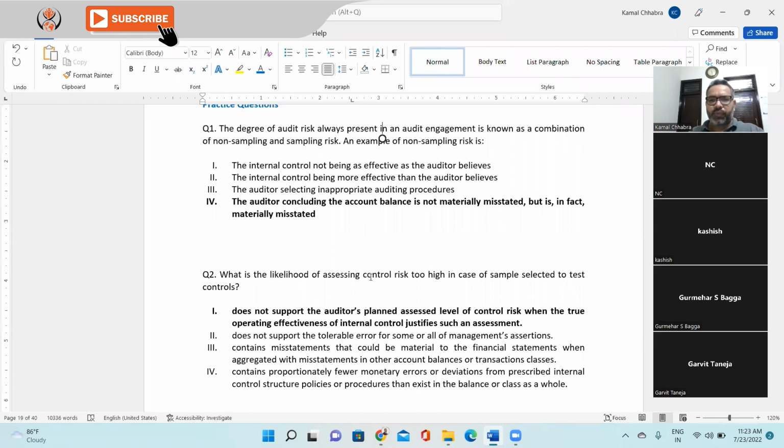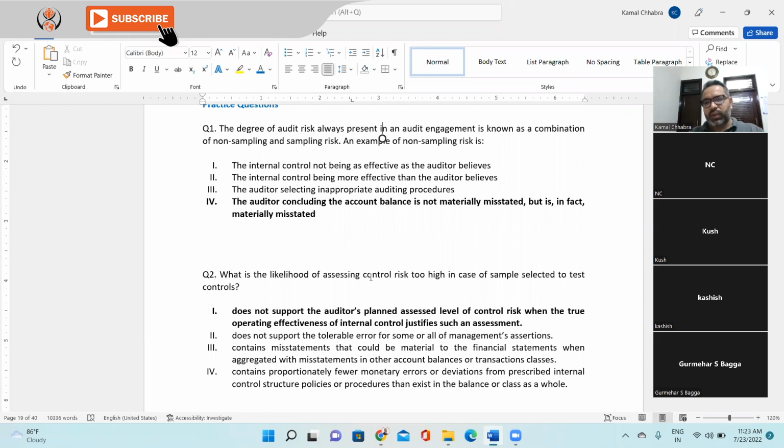And Kamal, this question is on non-sampling risk, right? That is part of sampling risk. Yeah. So what I'm trying to understand is on what basis we rule out the first three options. Internal control not being as effective as the auditor believes. Is the first option a beta risk and the second an alpha risk? Alpha risk, yes.